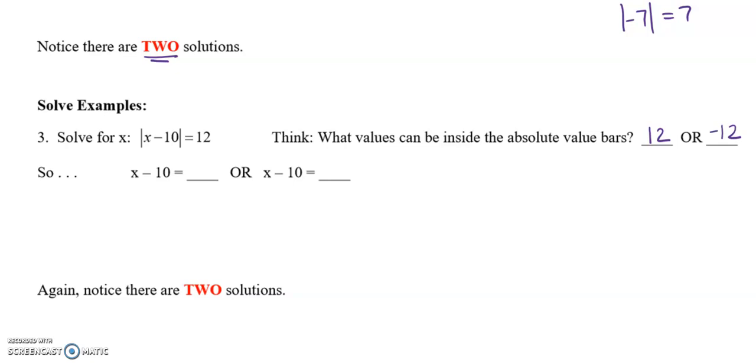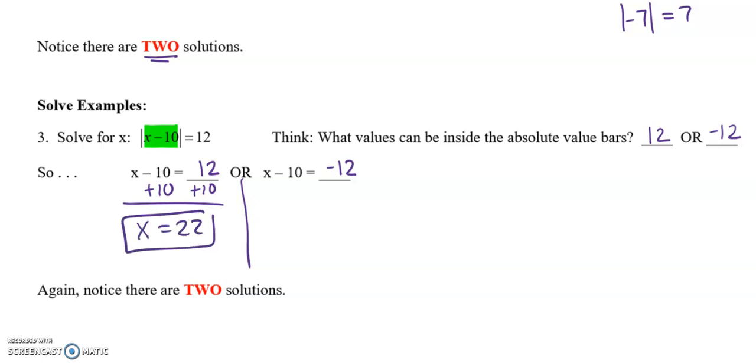So the part inside the absolute value bars, the x minus 10, could equal 12, or it could equal negative 12. What are we going to do? We're going to solve each equation separately. Over here, we'll add 10 to both sides, and we get x equals 22. Over here, we're going to add 10 to both sides, and we get x equals negative 2.